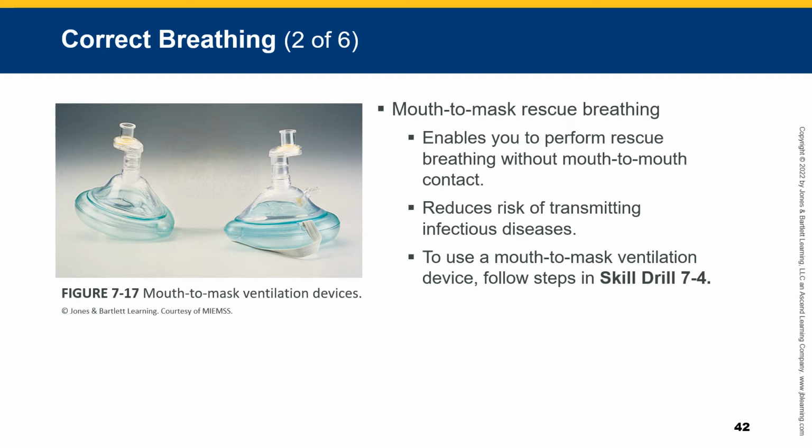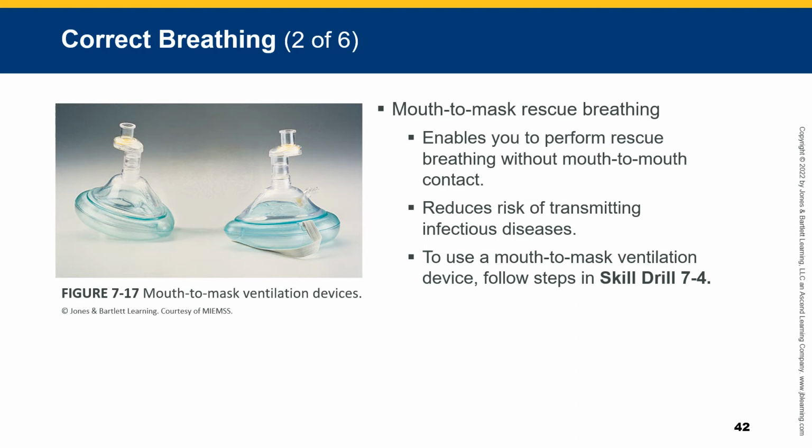A mouth-to-mask ventilation device consists of 3 parts: a mask that fits over the patient's face, a one-way valve so that when they exhale, you're not inhaling the breath that they exhale, and a mouthpiece through which the rescuer breathes.